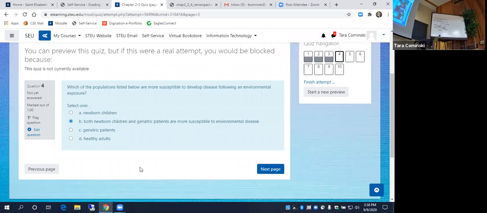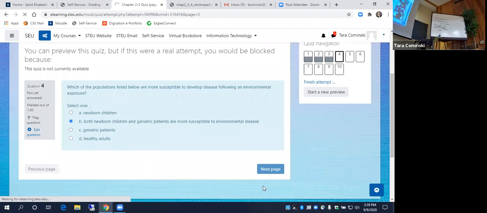These special populations come up in every chapter. We talk about the geriatric population and how they may be more affected by different situations. Here, we're particularly talking about environmental factors, okay? And by the way, if you have a question about any of these topics, then stop me and we can go over it some more.